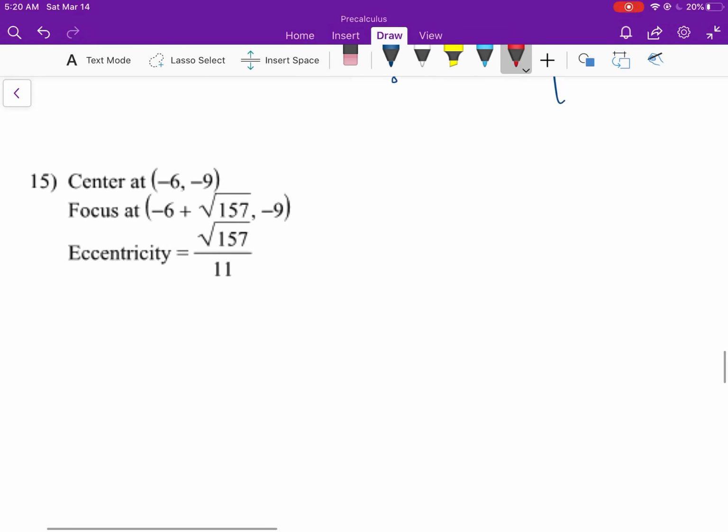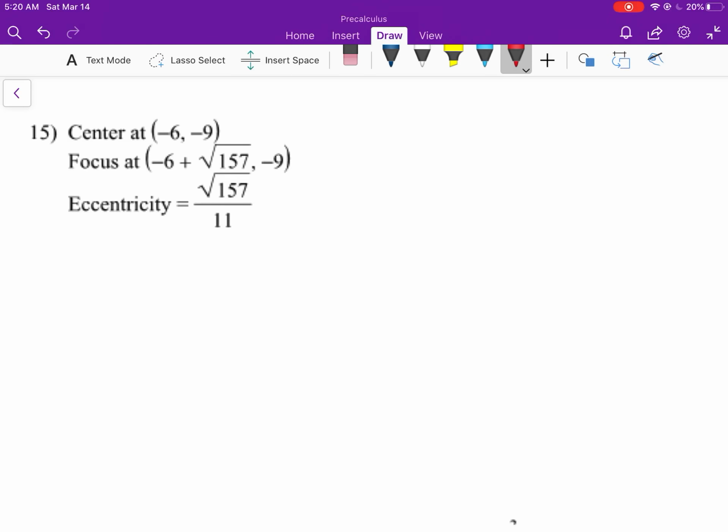Our last one here has a center at -6, -9, one focus point, and then eccentricity. So let's take a look at this. We know this is the form of our hyperbola. We know we want something squared here. We know our center, but we don't know which one comes first yet. So it tells us our center is at -6, -9.